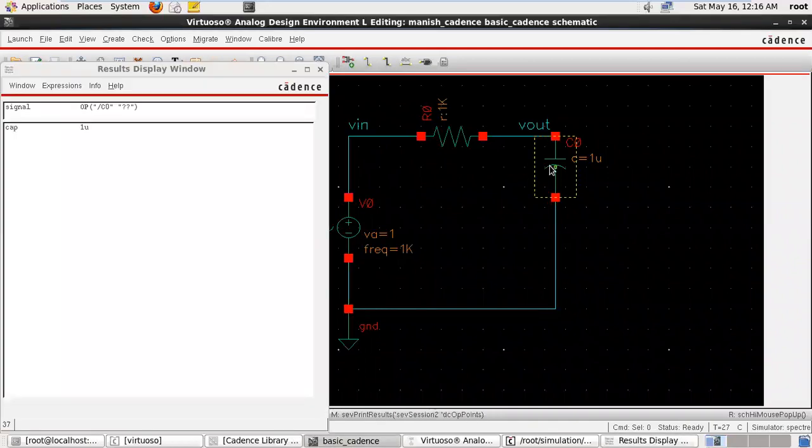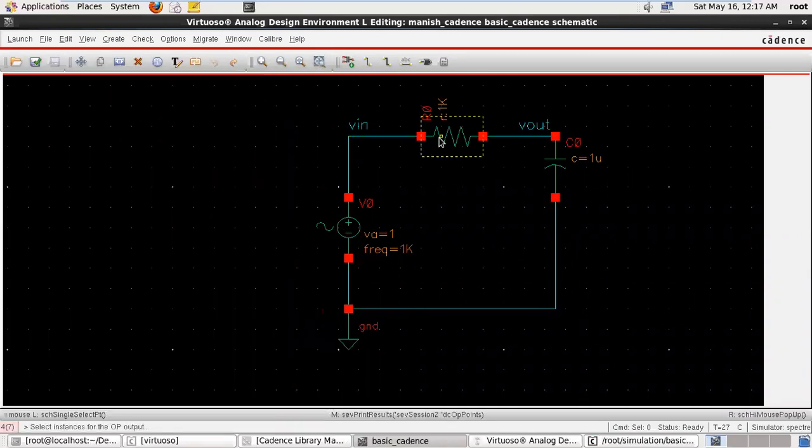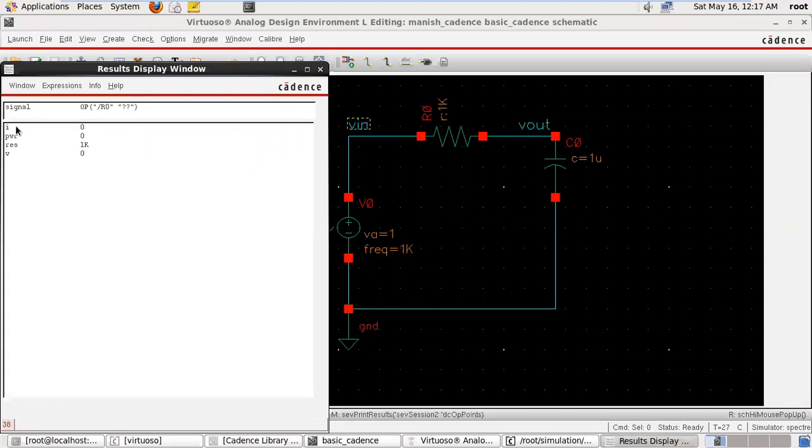There you can check the capacitor value, no voltage. For the resistance, current is 0, power is 0 because current is 0, resistance value is 1K and voltage is 0, because there is no voltage across the resistance. When you click on this source, the source current is 0, power is 0, voltage is 1 volt. So you can check all the voltages and currents using this node analysis.